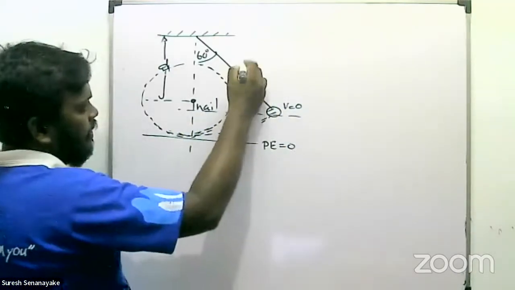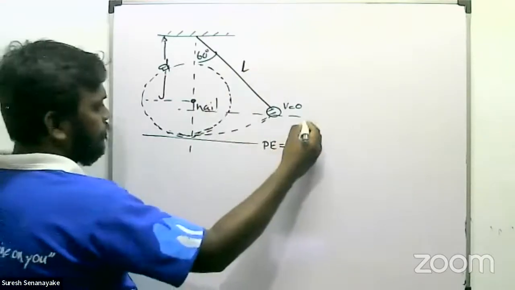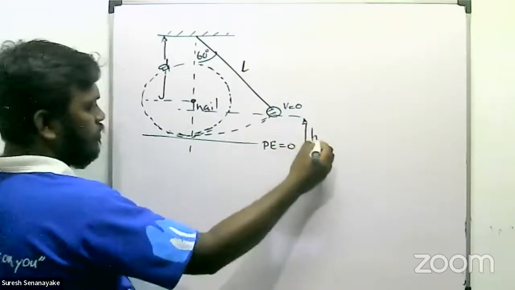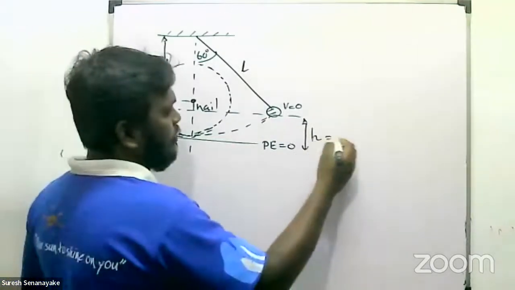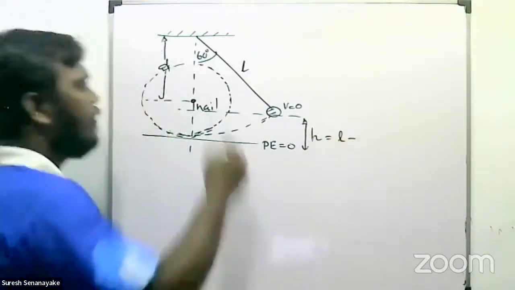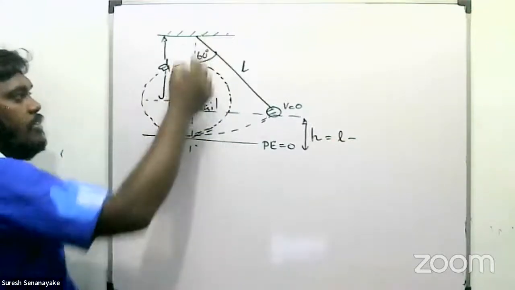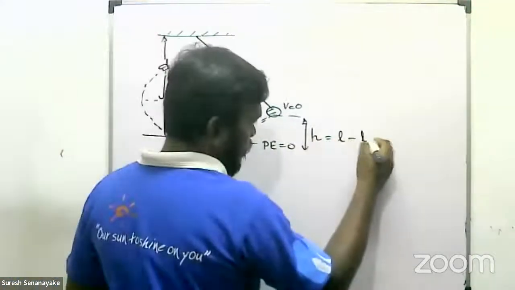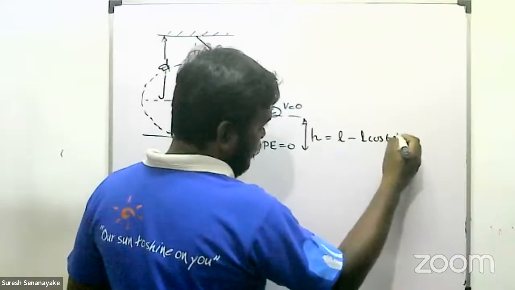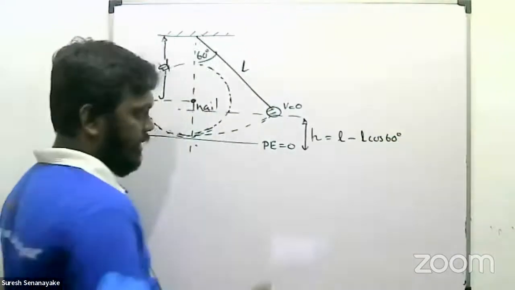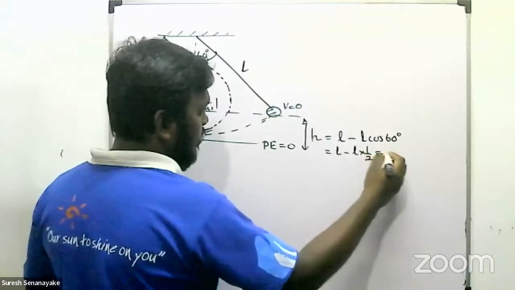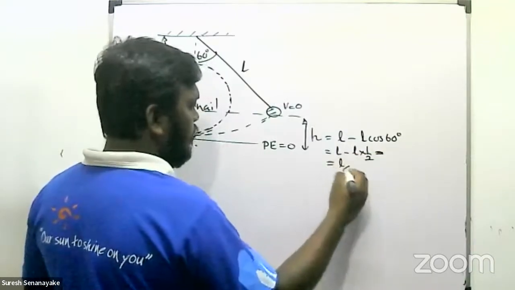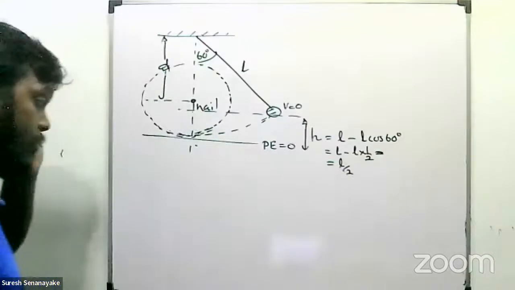This is the length L, and this height you can write as L minus L cos 60. Cos 60 is half, so the height h equals L minus L over 2, that is, h equals L over 2.